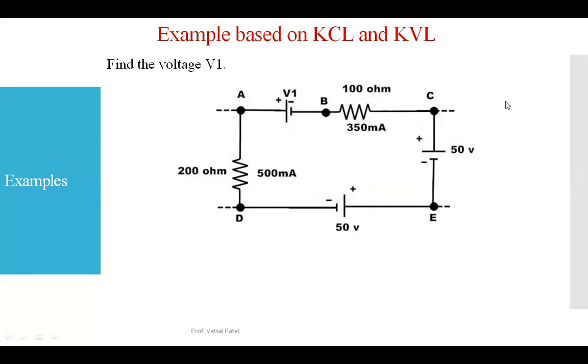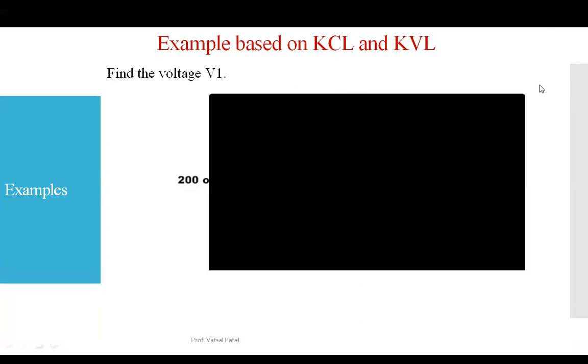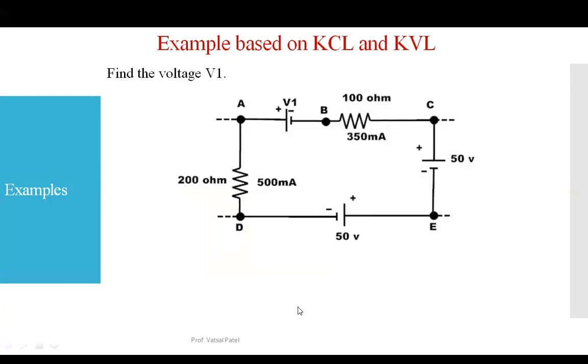So, can you identify over here, is there any open circuit or short circuit given in this circuit diagram? Is there any open circuit or short circuit in this diagram?